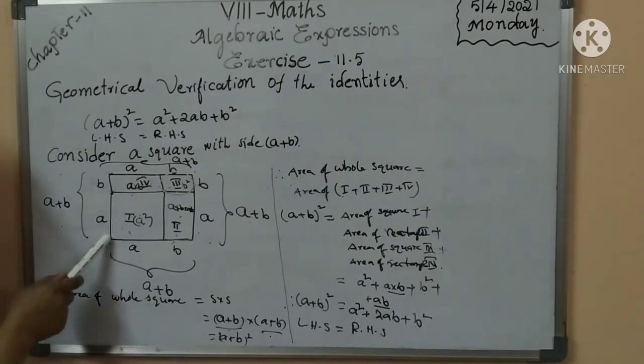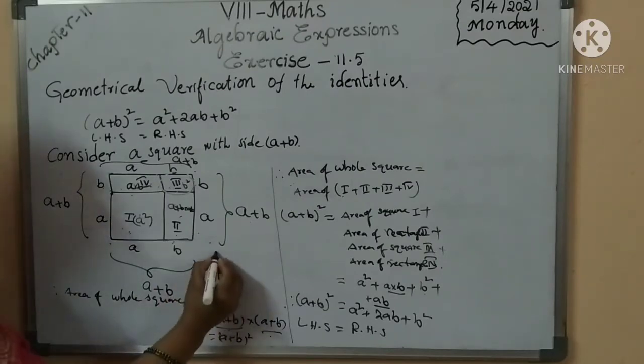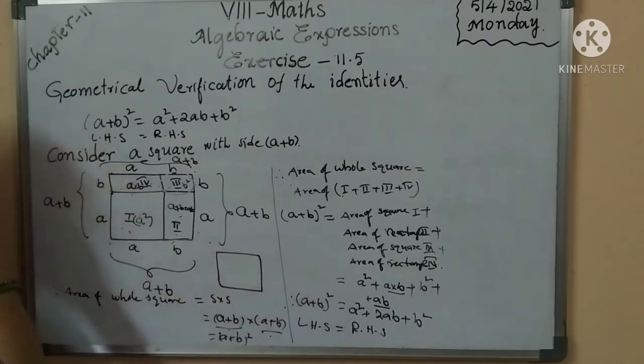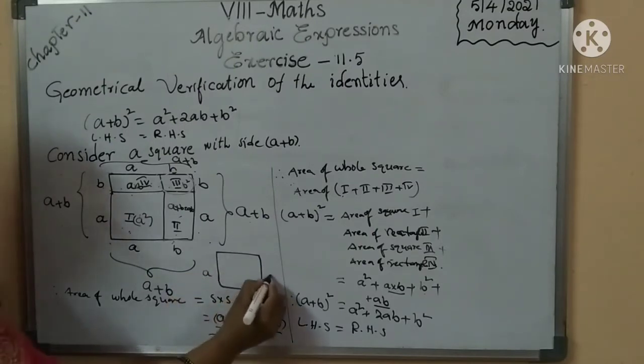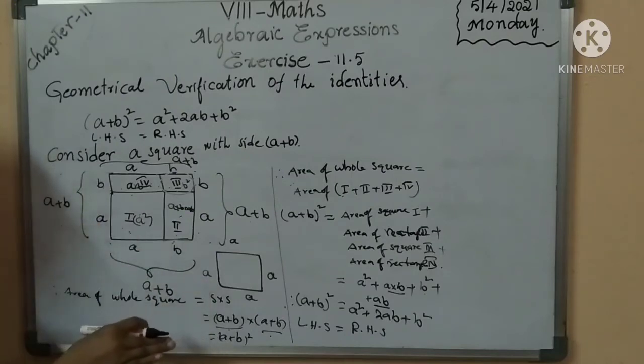So here, given A plus B whole square, we have to take the diagram like this only. Otherwise A minus B. How to draw the A minus B diagram? So observe that first we have to take the square. We know that it is the total A. Minus B means remove one side.